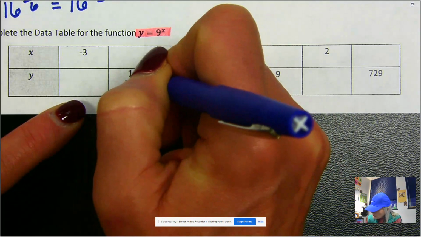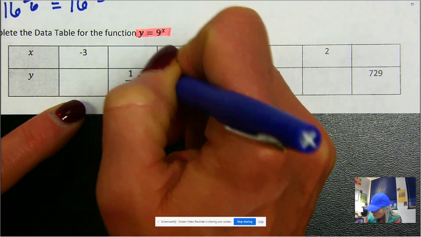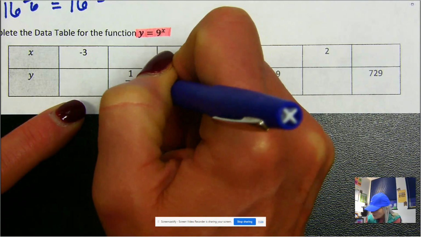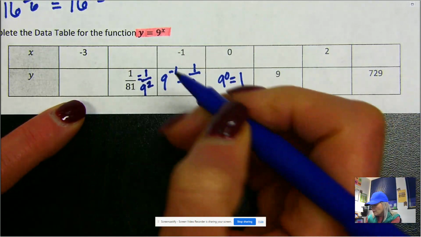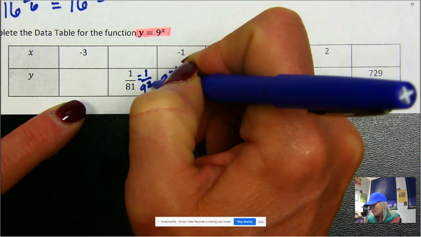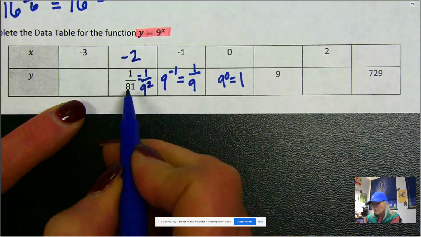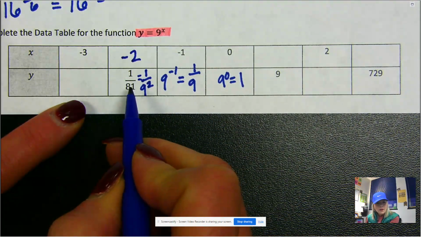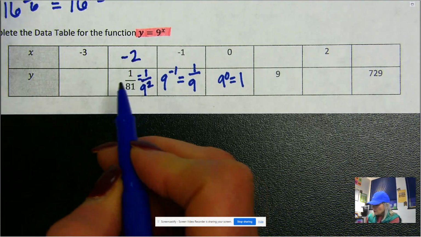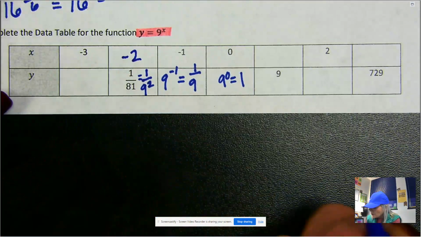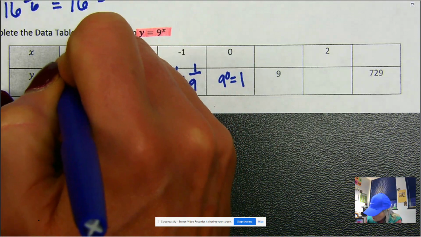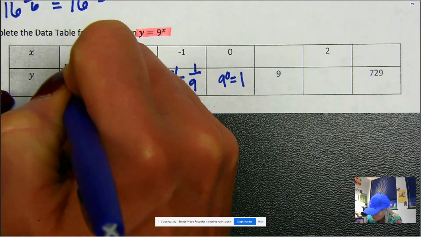So I know this is the same thing as 1 over 9 to the 2nd, which means our exponent is going to be -2 because that's how we get a fraction. And then this means 9 to the -3, or 1 over 9 to the 3rd.